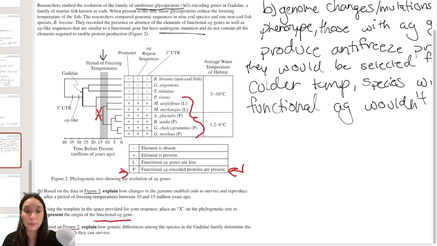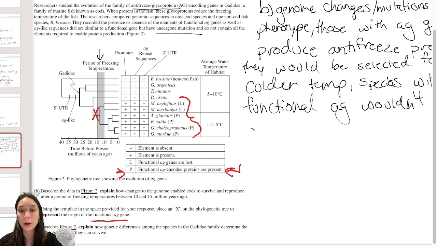So I would go with pretty much the same thing that I mentioned in part B, is that the genetic differences, so whether or not they have the AG-like gene, is going to determine what temperature they can live at because they're always going to live where they're best fit.